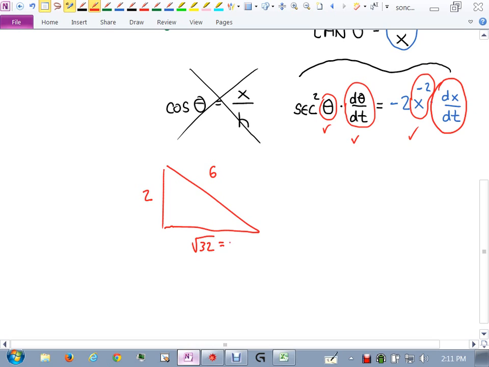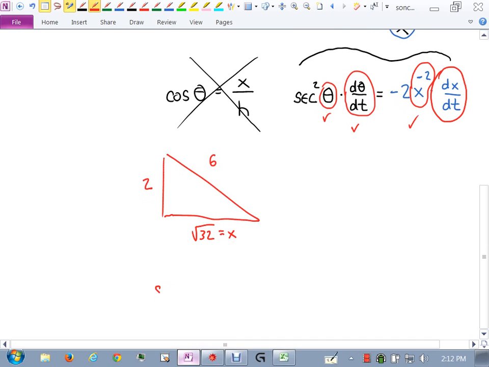So this is x. Let me rewrite everything. I need to do secant squared of theta, which is 19.47 degrees, times d theta/dt, which I don't know what that is, equals -2 times 1 over root 32 squared times dx/dt, which was -600.